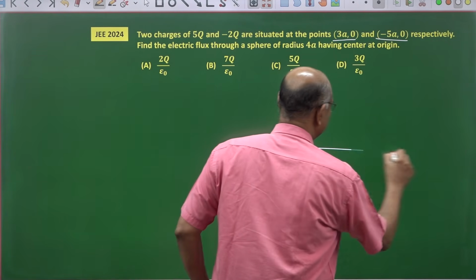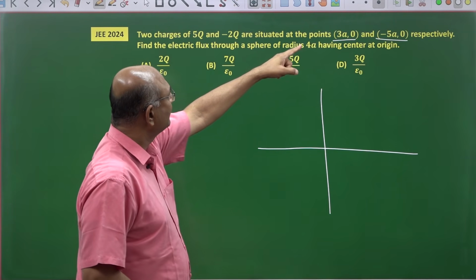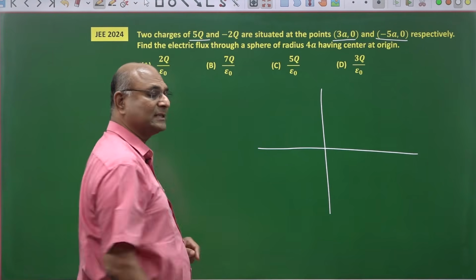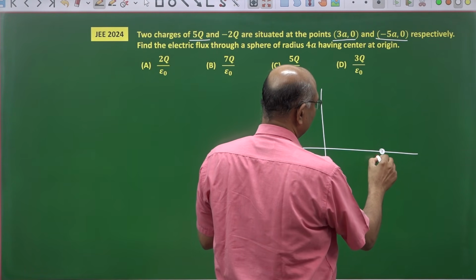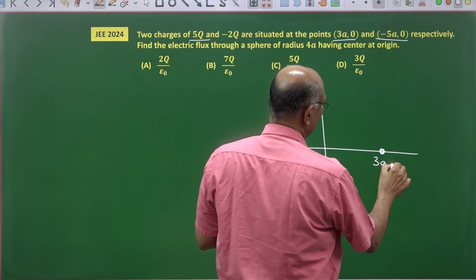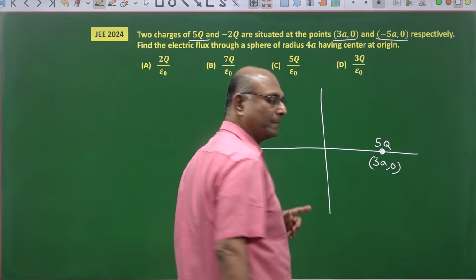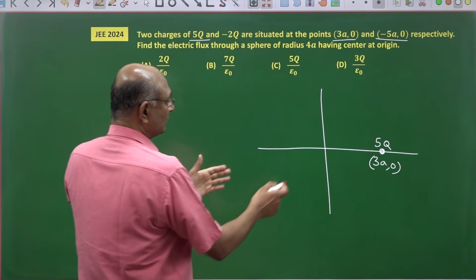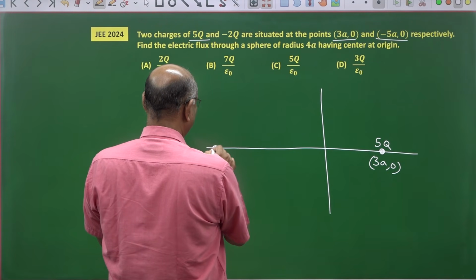So let us say that this is our coordinate system. You have at 3a comma 0, a charge phi q. And at minus 5a comma 0, now this is 3a, so minus 5a is going to be a little further away, somewhere here.